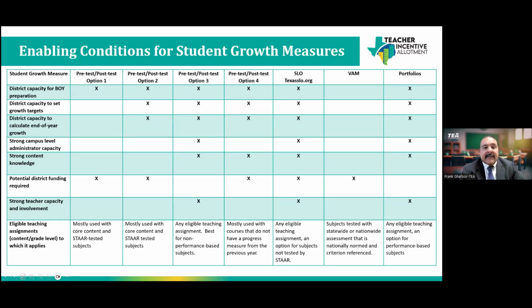And then with portfolios, it kind of mirrors the SLO. There are some requirements that do need to be met for that. The good thing about portfolios is there's not a required training for it, and so districts can use the information we have put out and start developing a system for that locally.